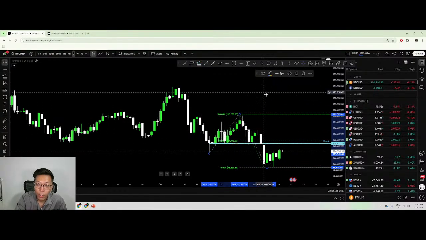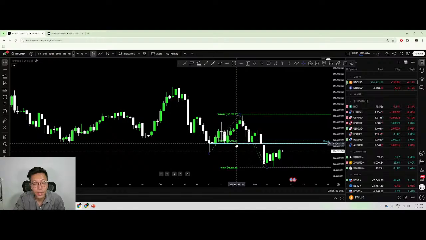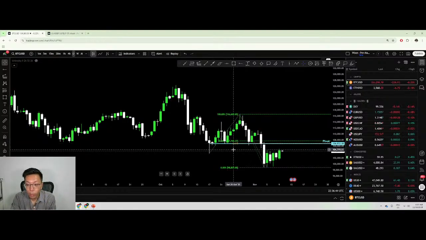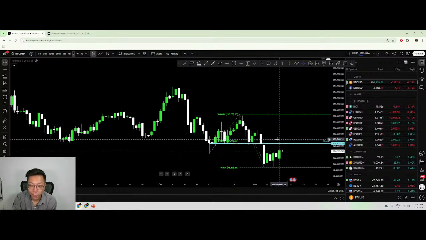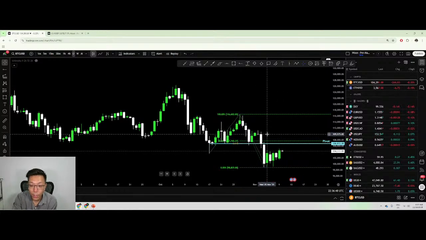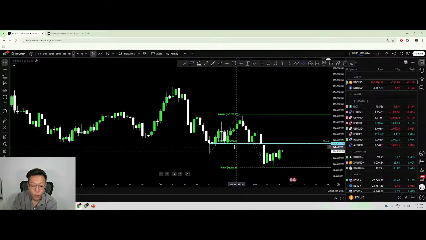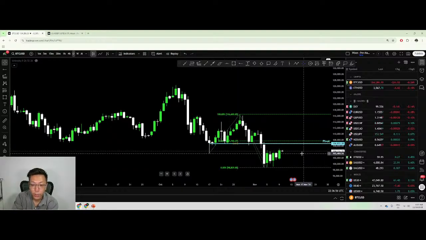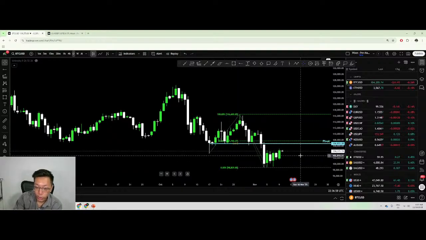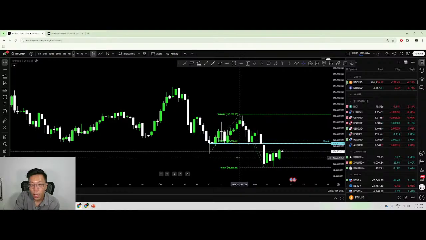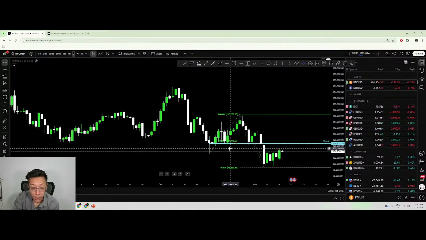Right off the bat I can see that there is a 61.8% Fibo projection at our pivot point. So since we have a Fibo confluence right over here, 50% retracement and 61.8% Fibo projection, this gives us confirmation that once price goes here, there is a high possibility of it going back towards the downside.